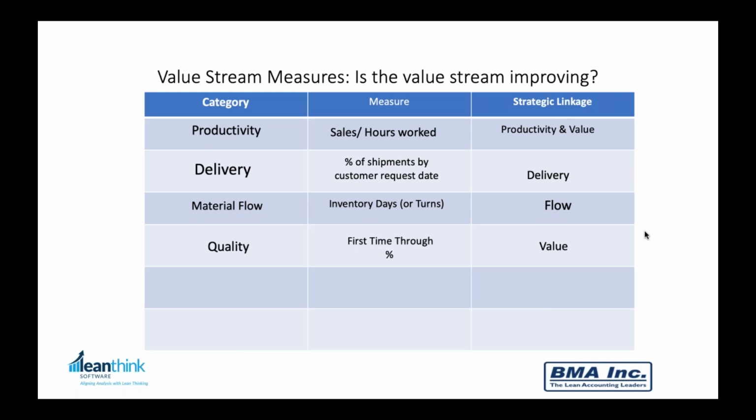Quality, again, a standard measure in manufacturing companies. What we want to do with quality is measure first time through the entire value stream. No rework, no defects. That's what we're trying to achieve.